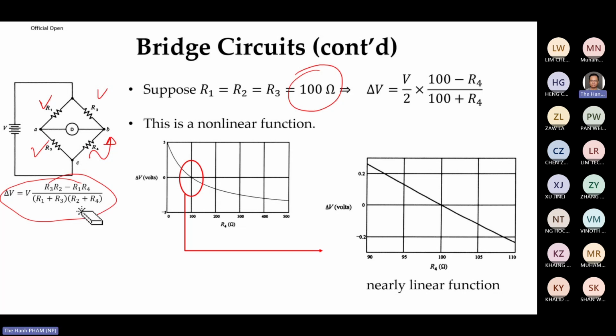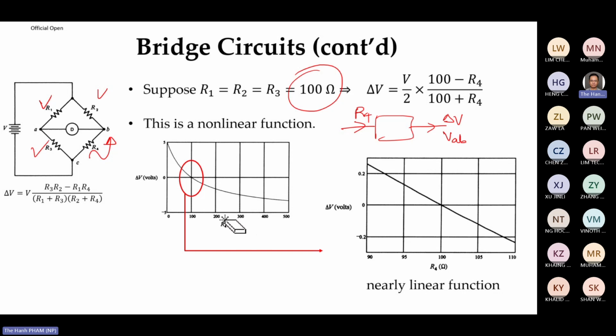So from this formula, if you put in all the R1, R2, R3 values, then you can have this one. Correct. If you have a varying R4, then you have delta V. But delta V is nothing but just VAB, right? So after you have this equation, if you plot it over here, you will have a curve like this.